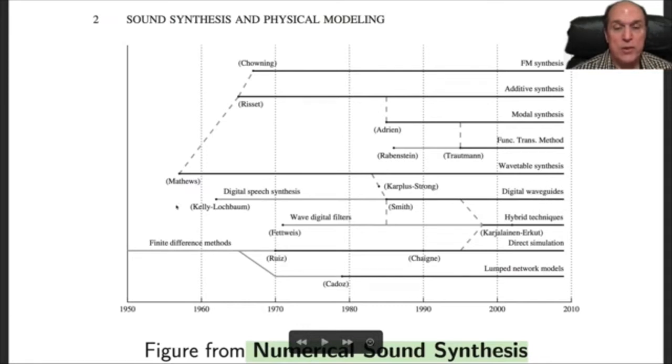So in both cases, you have scattering. But Kelly-Lochbaum doesn't have delay lines. It just uses single-sample delays. And another thing you can derive as a special case in retrospect is the Karplus-Strong algorithm. And so that's here, and all these things connect together. There's a lot of independent reinvention going on, and a lot of connection going on.